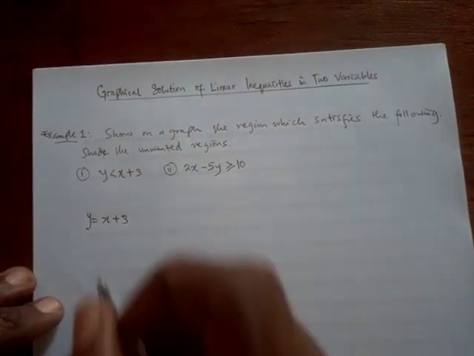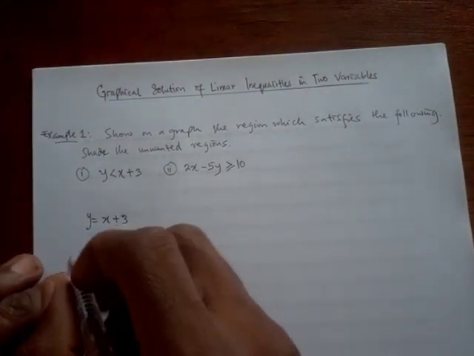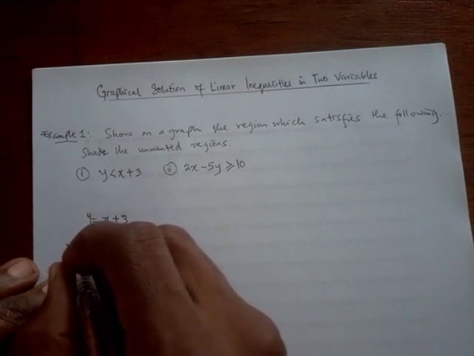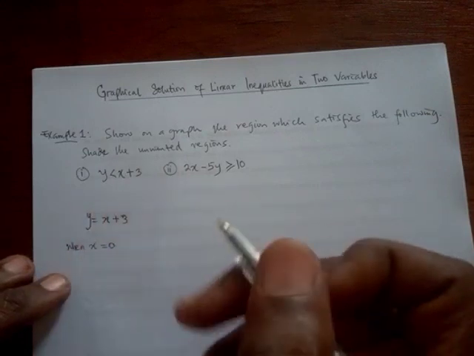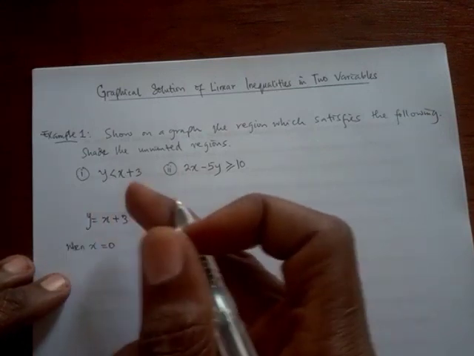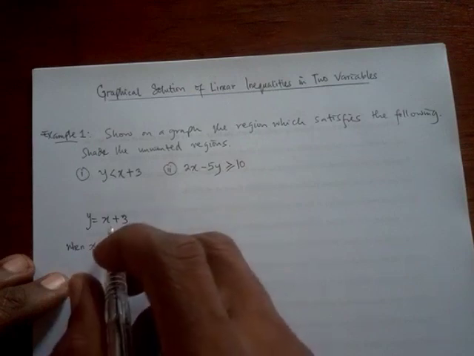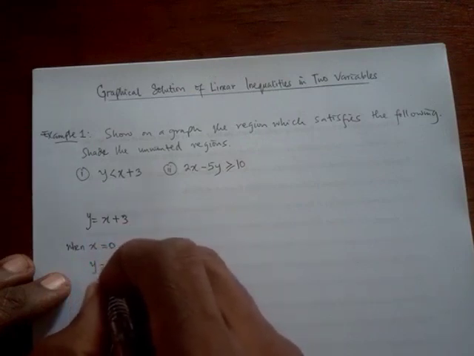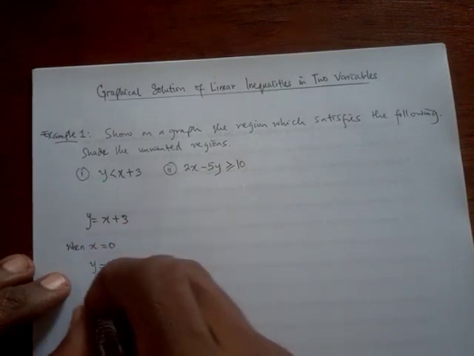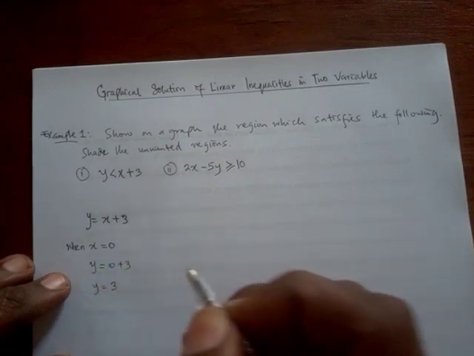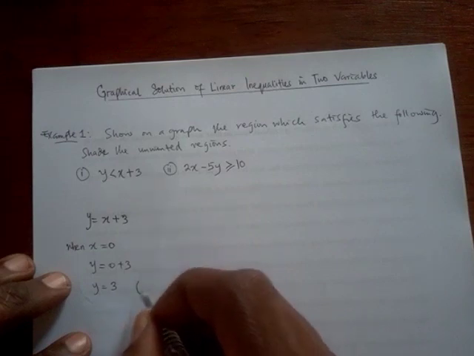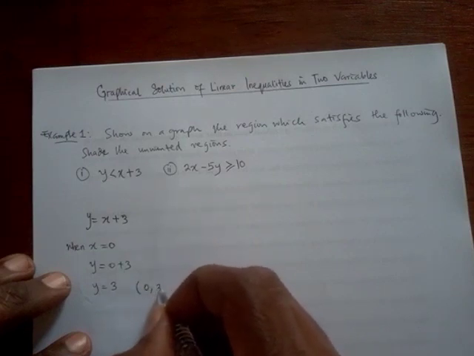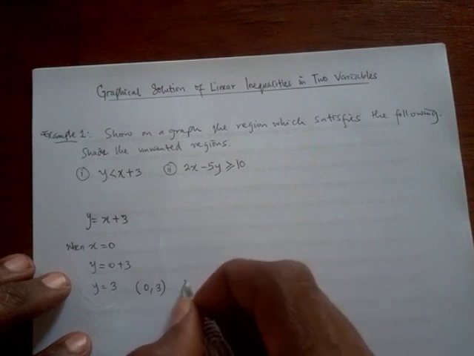We'll assume that x is 0, and then we'll find the value of y, and then assume that y is also 0, and then find the corresponding value of x to get our coordinates. So when x is 0, y is equal to 0 plus 3, y becomes 3. So for this particular point, the coordinates become 0, 3. That is x, y. X coordinates, y coordinates.